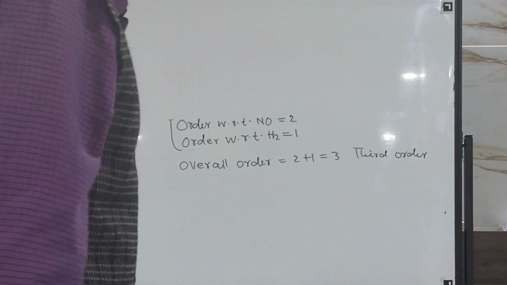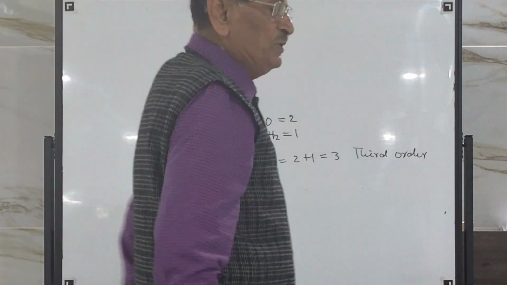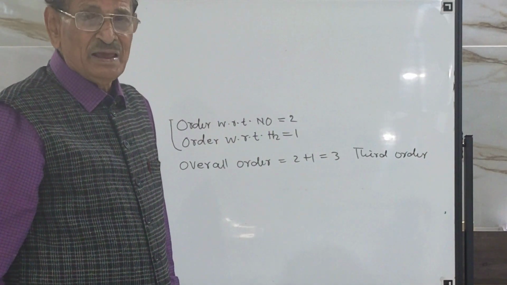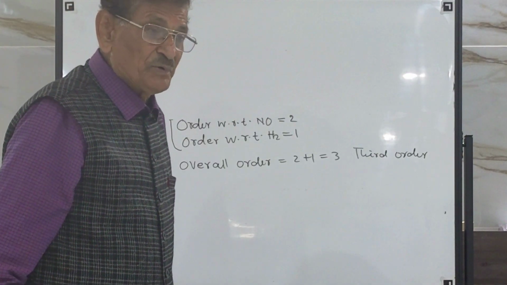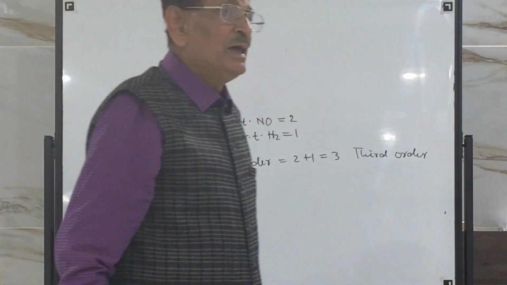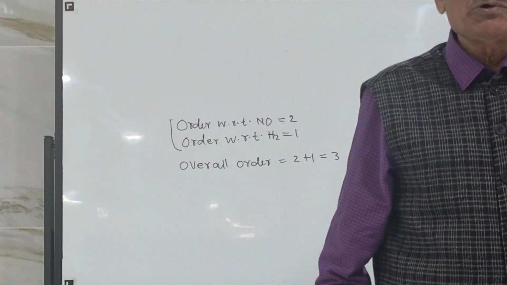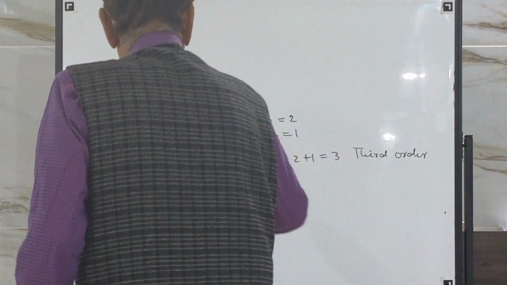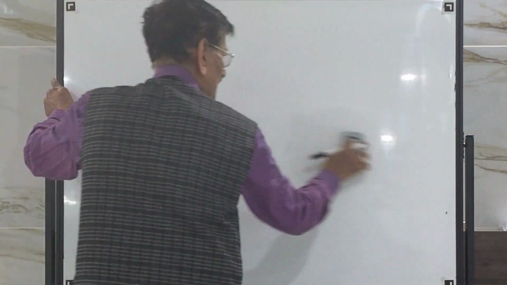If the order is 1, the reaction is said to be first order. If the order is 2, second order. If the order is 3, third order. If the order is 0, the reaction is called zero order. So reactions are classified on the basis of molecularity and order of reaction.